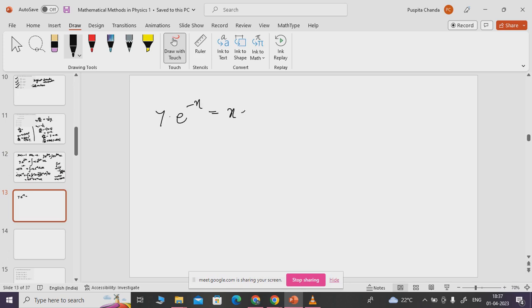So y into e to the power minus x would be x into e to the power minus x plus e to the power minus x plus c. So y is what? x plus, here we need to multiply by e to the power x, 1 plus c into e to the power x.